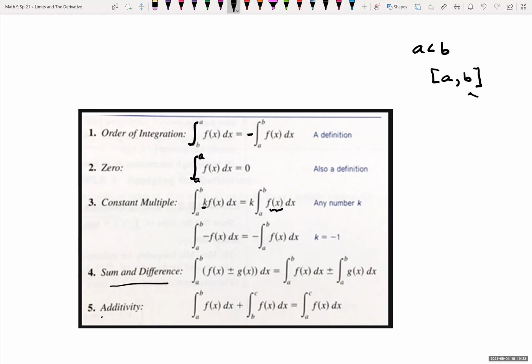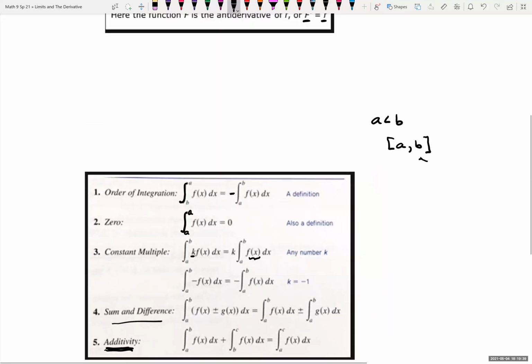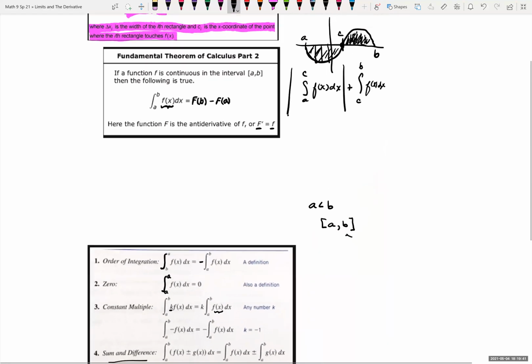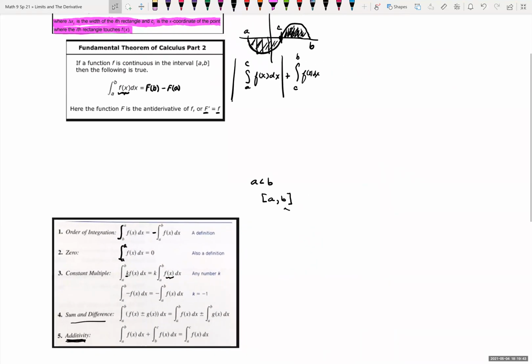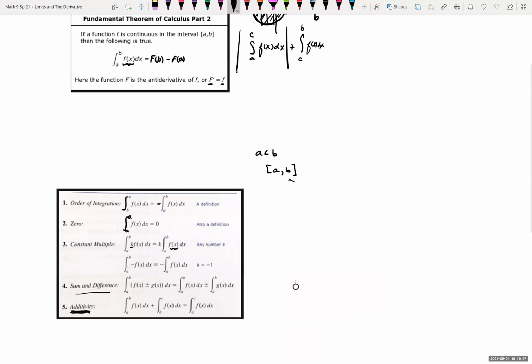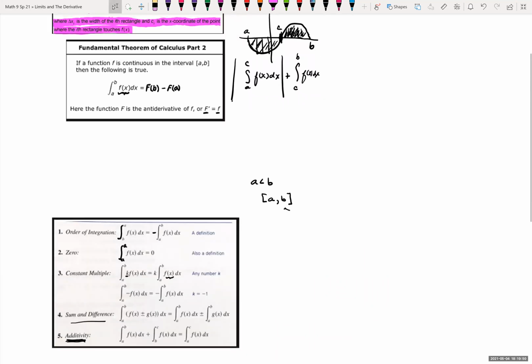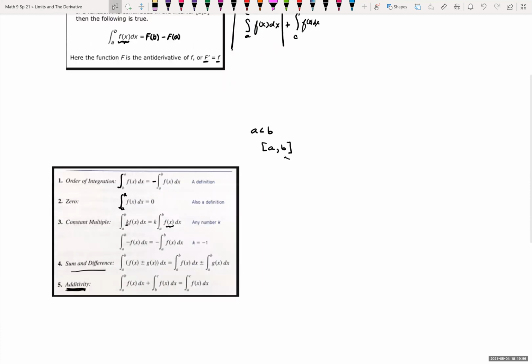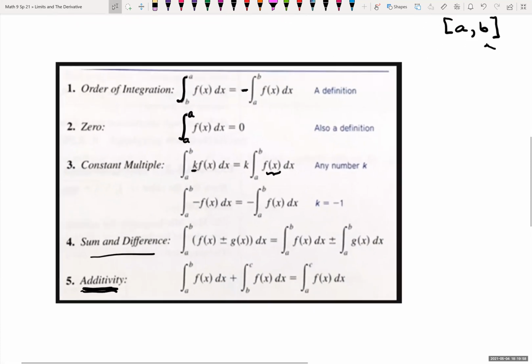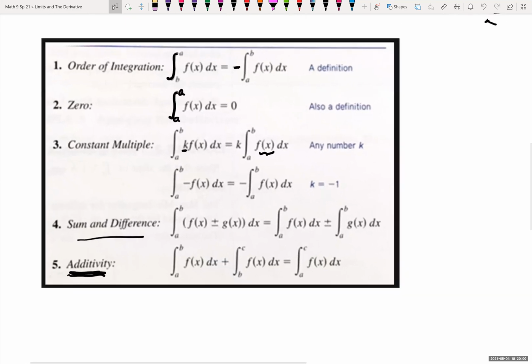And then the next property is this additive property, which I explained up there when I had the area above the curve and below the curve. Sometimes it's helpful for us to break up an integral. So if we had some integral from A to B, but some of it's underneath the x-axis and some is above the x-axis, and we might want to find the area. Sometimes we're not looking for area, but if we're trying to find the area, we might want to break it up.